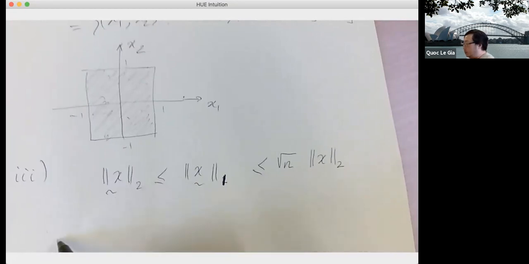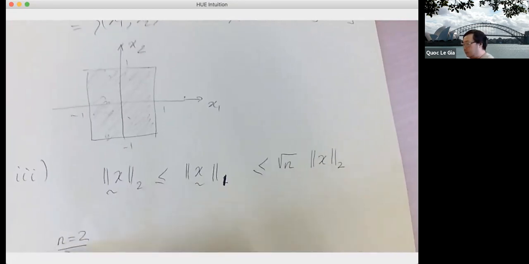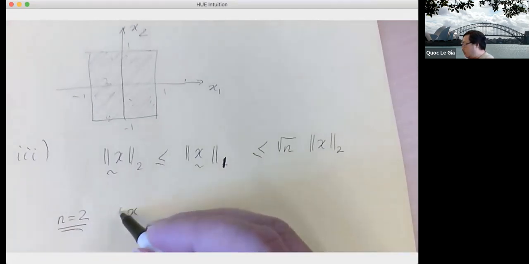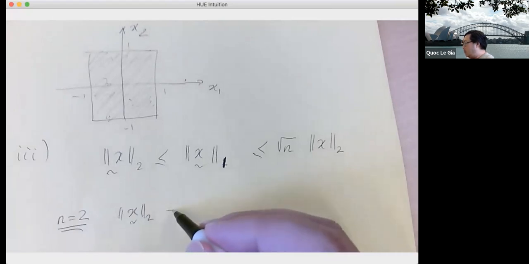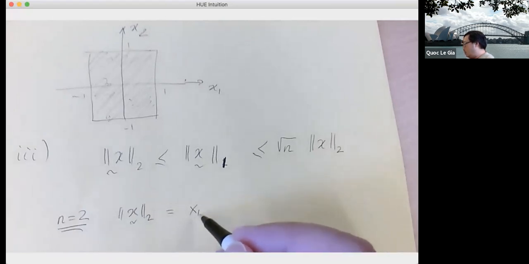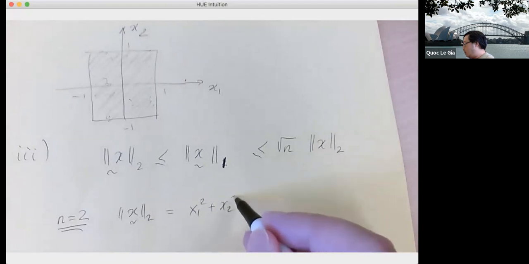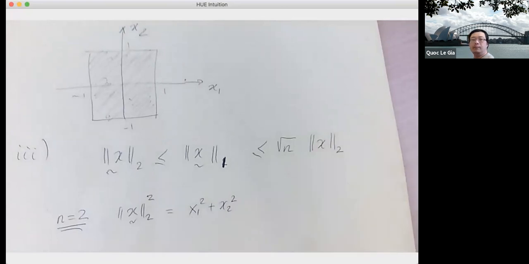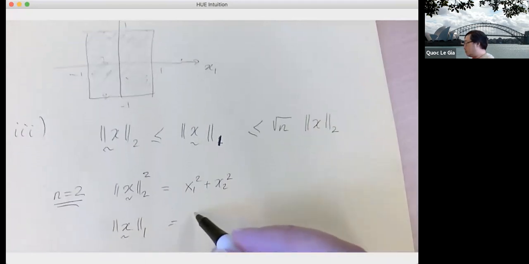But n equal 2, then the 2 norm of x squared will be x1 square plus x2 square. And then what is the 1 norm of x? Well, the 1 norm is just the absolute value of x1 plus the absolute value of x2.